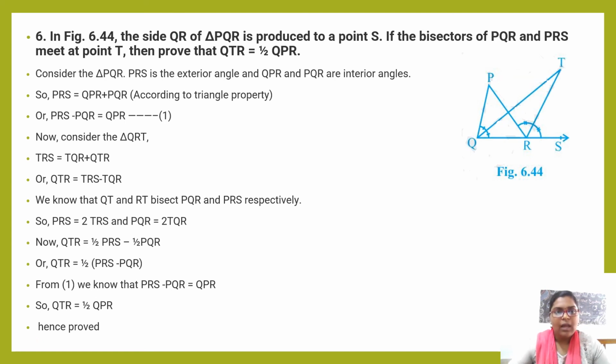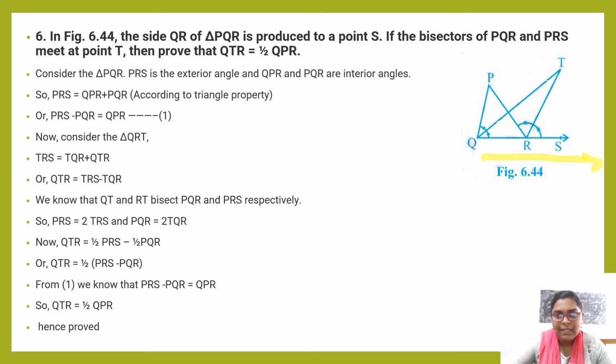Sixth problem. In figure 6.44, the side QR of triangle PQR. First see the triangle PQR. Okay? In this, the side QR is produced to the point S. Okay?